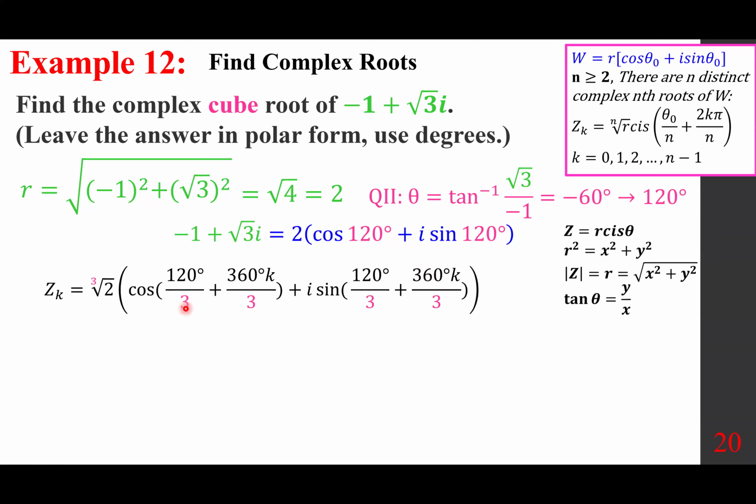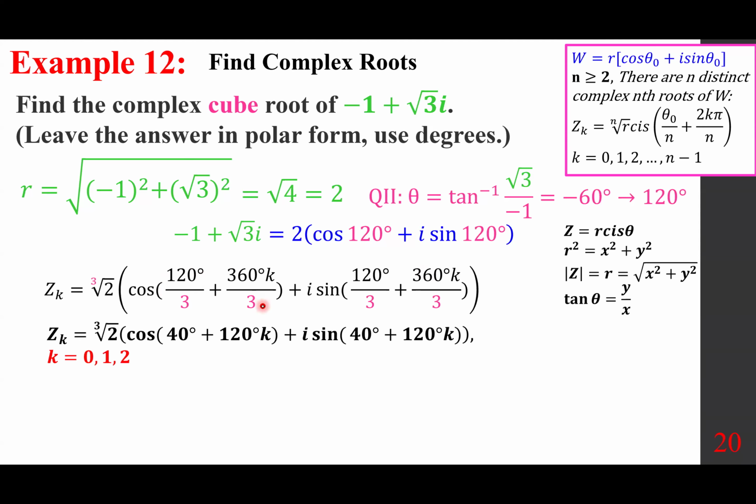You divide this one, you get 40. You divide this one, you get 120k. And again, remember, you want the cube root, you go with k equals 0, 1, 2, and no more.